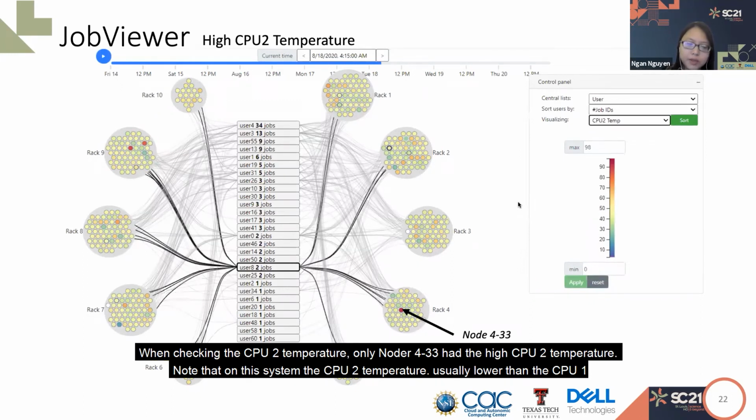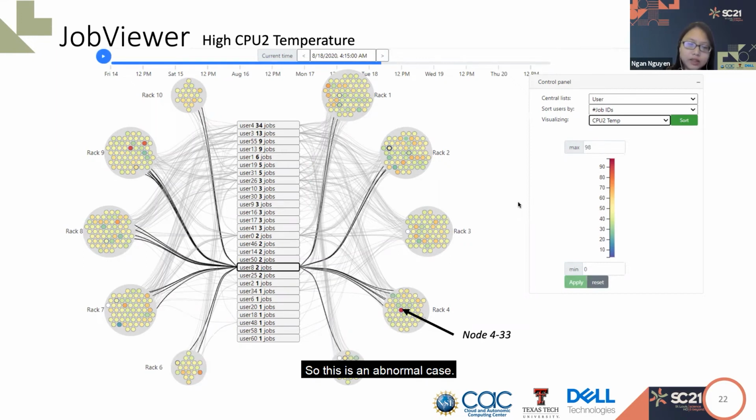When checking the CPU2 temperature, only node 433 had a high CPU2 temperature. Please note that on this system, the CPU2 temperature is usually lower than the CPU1. So this is an abnormal case.